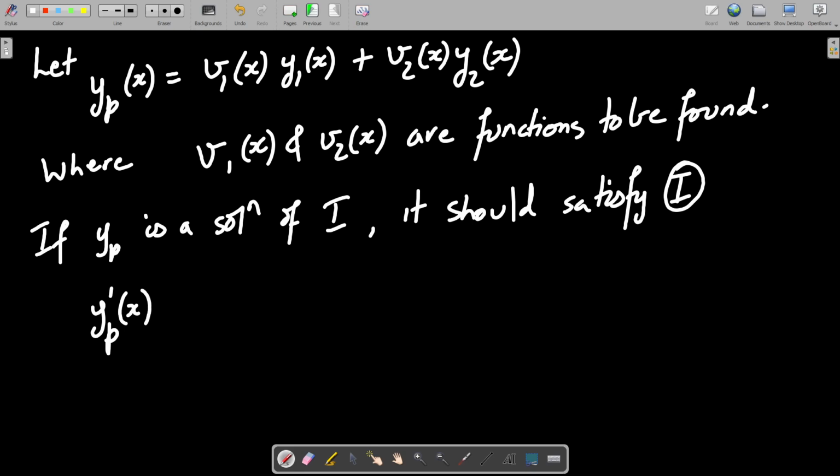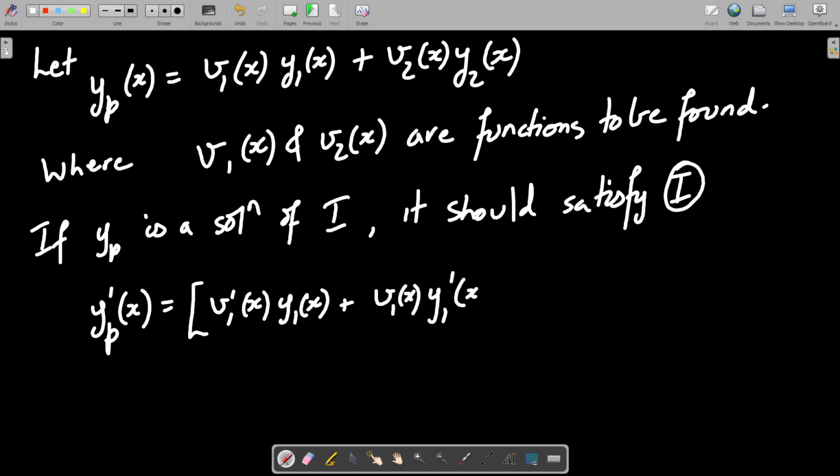Yp prime of x. What will this be? You have a product of two functions over here in x, right? So we write this as v1 prime of x, keep y1 as it is, plus keep v1 as it is and multiply it with y1 prime of x.